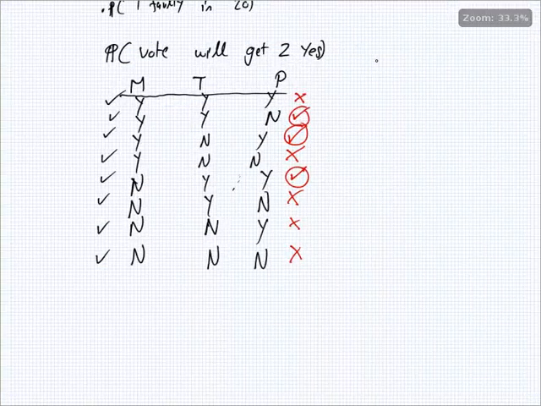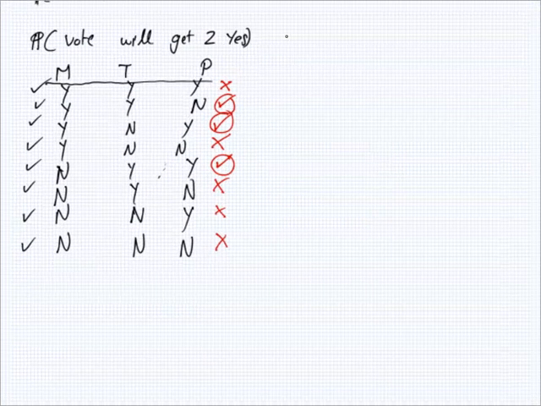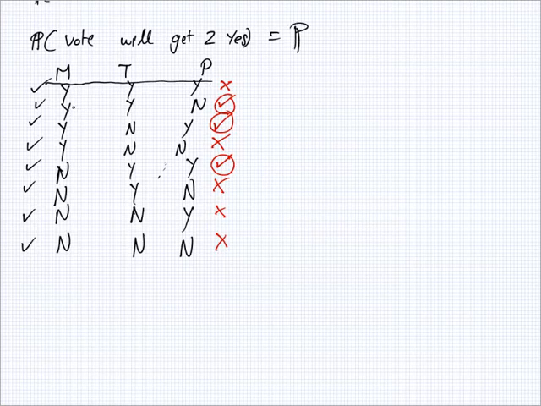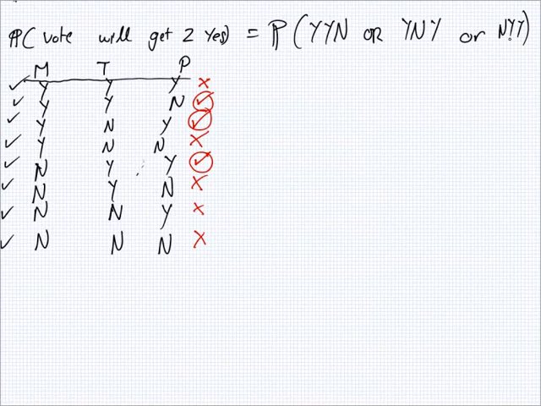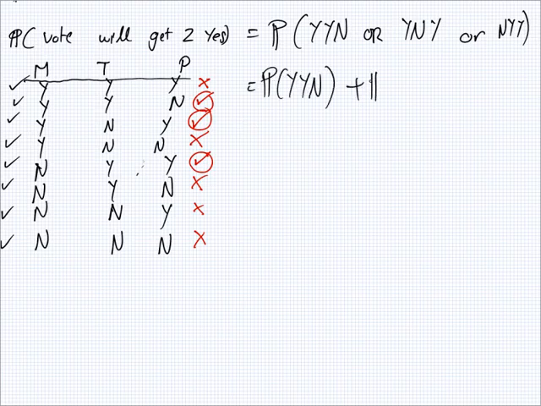So the probability that I'll get 2 yeses, that's the probability that I'll get yes, yes, no, or yes, no, yes, or no, yes, yes. So I don't know if you remember this from semester 1, but when you have it like this, you have to add them together. So the first one is probability of yes, yes, no, plus probability of yes, no, yes, plus probability of no, yes, yes.